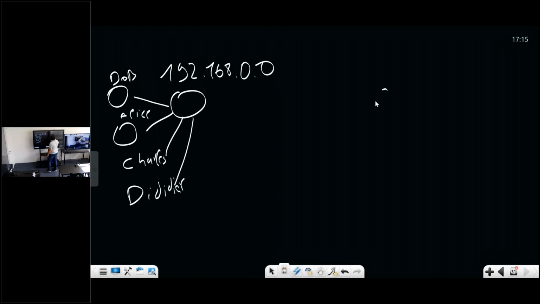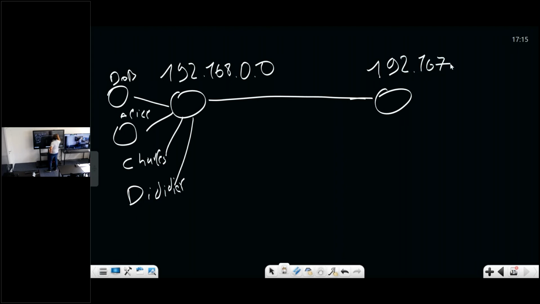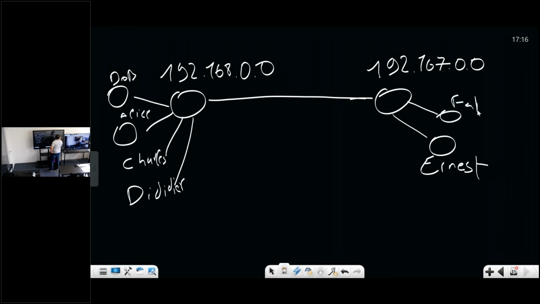And this is a new network, connected by a wire. Here you have Ernest, Fabrice, and Gaspar.